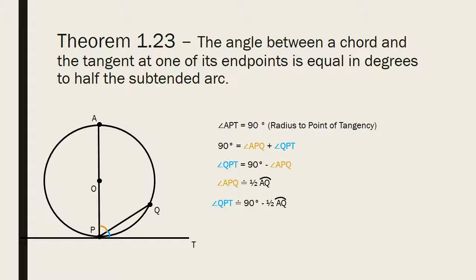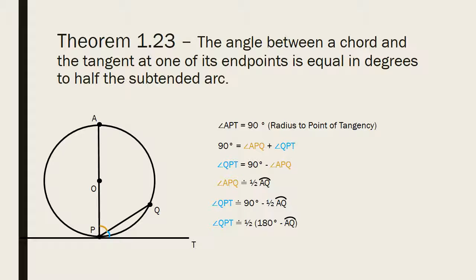Now we can do something interesting. We can look at that equation and do a bit of factoring. Let's pull out the 1/2. So now we have angle QPT is equal to 1/2 times 180 minus the arc length AQ in degrees. So what does that look like? Well, we know central angles are equal in degrees to their subtended arcs.